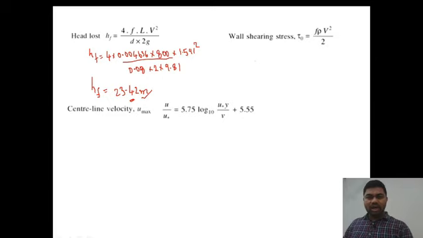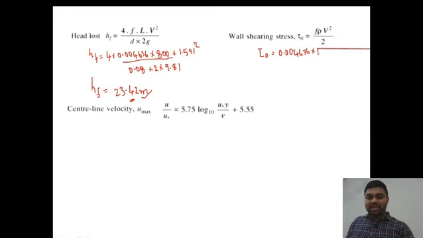Now, let us calculate wall shearing stress. To calculate wall shearing stress, what is the formula? Tau naught is equal to f, our coefficient of friction, 0.004636, into rho.